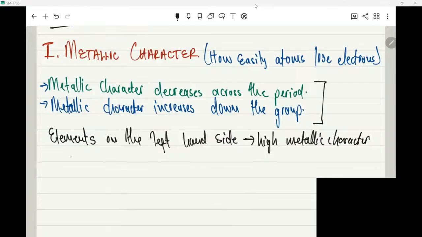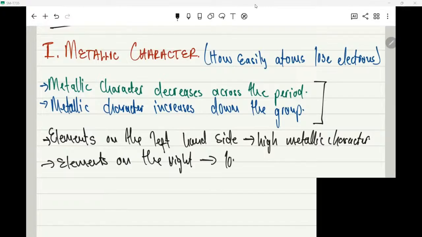Then you can say elements on the right have low metallic character, or they have non-metallic character. So it's hard for you to get an electron from an element on the right hand side of the periodic table. It doesn't lose.